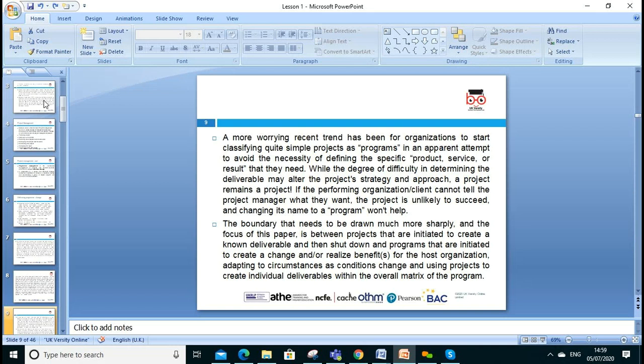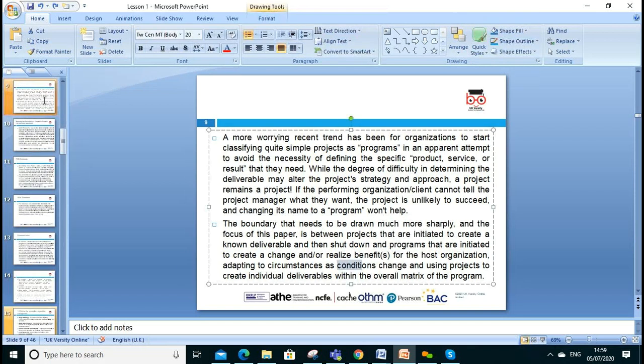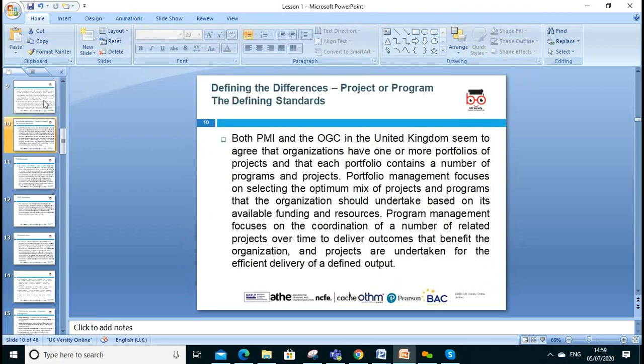The project remains a project. It is performing for a specific client, and the project manager is one. The boundary needs to be drawn. Yes, the program is more about changing the conditions and metrics over the program and the company. So all this we need to focus on, to achieve our organization's objective.